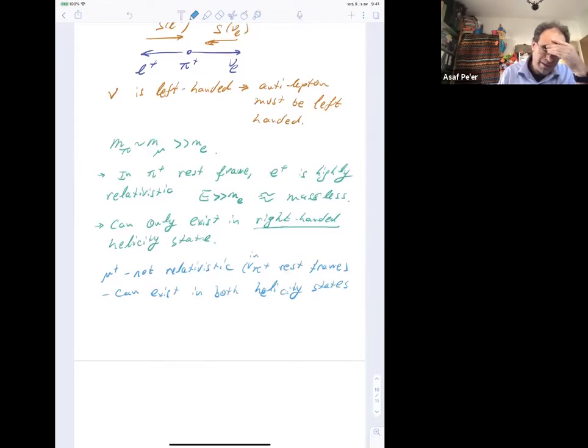And that's why it makes it a dominant decay channel. That's technically called helicity suppression.